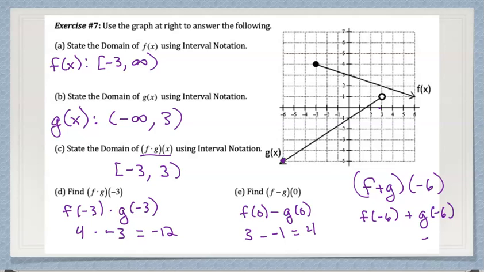That's negative 5, but I run into a problem because f of negative 6 does not exist. It's outside the domain of f of x. So I can't do f plus g of negative 6 because it is not in my combined domain. It is outside of the domain for at least one of the functions, in this case f of x. So this is a problem that we can't do. We would say it has no solution.